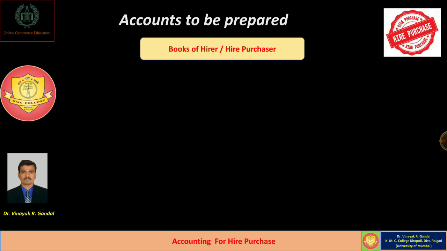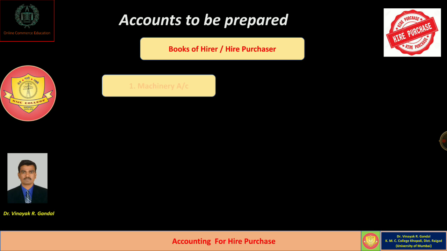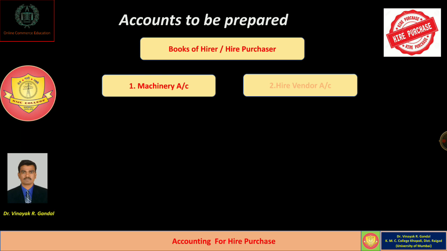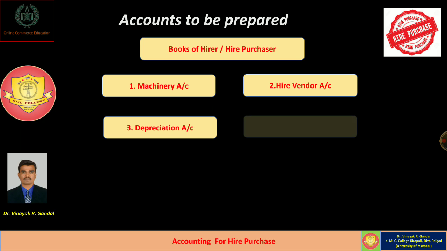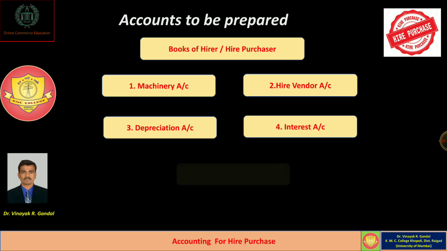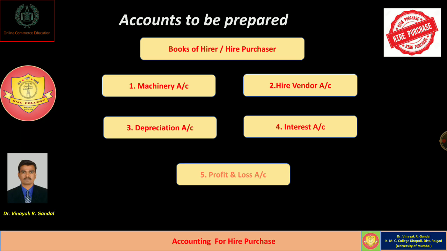So we have to open machinery account, hire vendor account, depreciation account, interest account and profit and loss account, if any, in the books of hirer or hire purchaser.